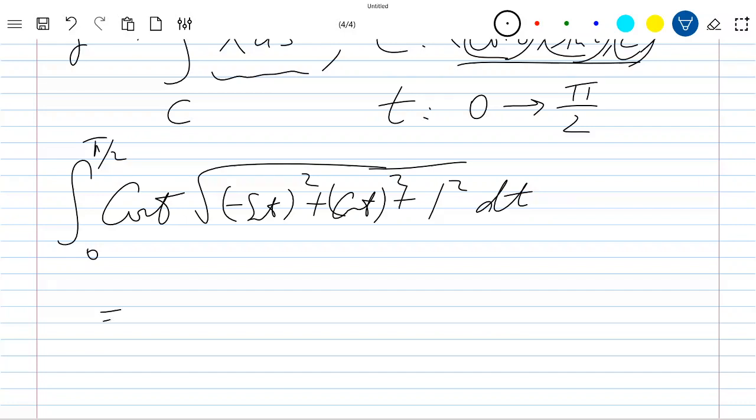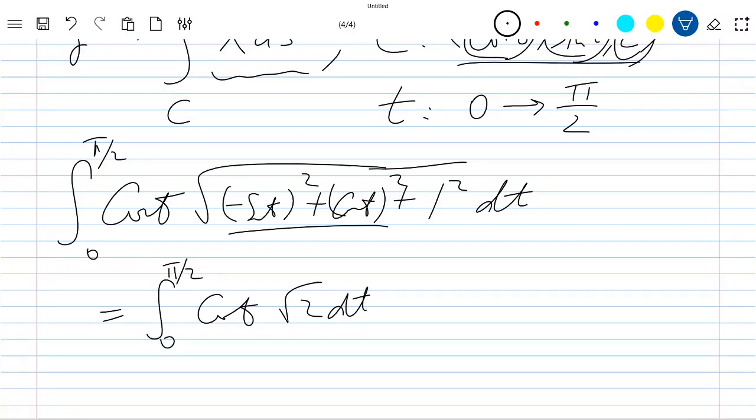And you can see the inside is pretty easy. This is 2, so just get root 2 dt, and that's really easy. Square root 2 times sine t. Plugging in limits, you'll just get square root 2. So that's your integral. Okay.